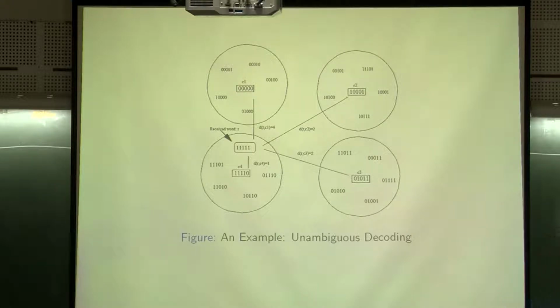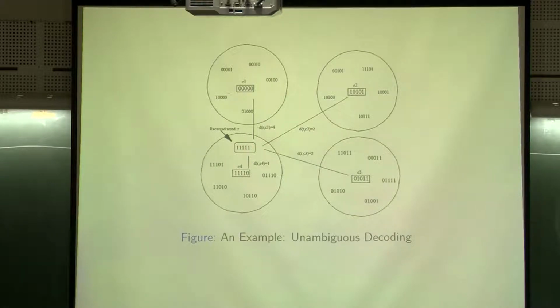That is why this code is not a perfect code. This is an example of a non-perfect code. But assume that the received word is 1 1 and you identify that it belongs to this one. If you compute the distance, C1 is 4, C2 is 2 and C3 is 2, so you can see that this has only 1.